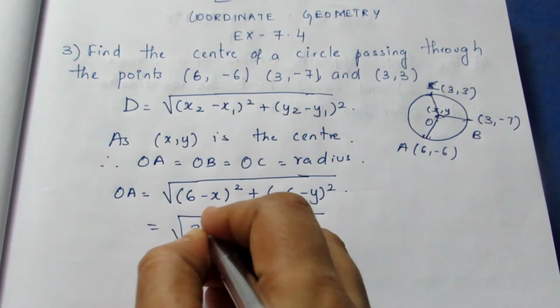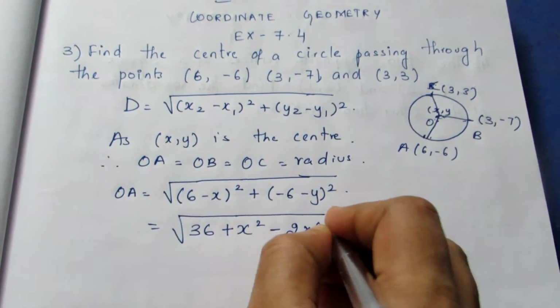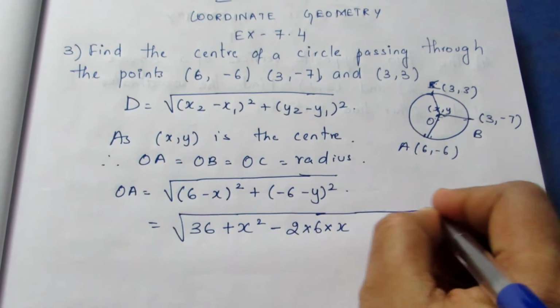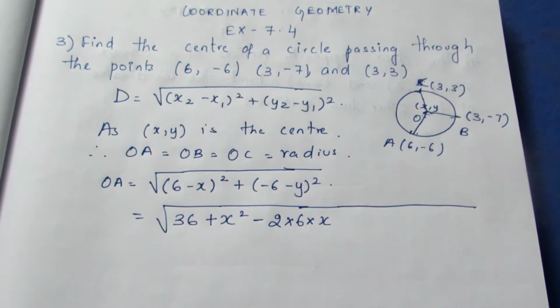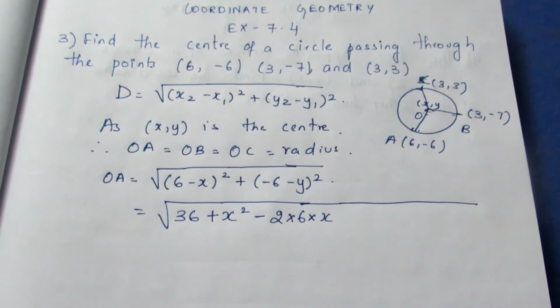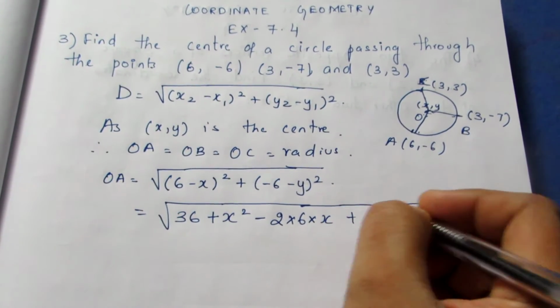So a square is 36 plus b square is x square minus 2 into 6 into x. Here, if there are two negative signs, we need to use the (a plus b) the whole square formula. Remember that if there are two negative signs, just go with the (a plus b) whole square formula. No need for confusion about substituting the minus sign.